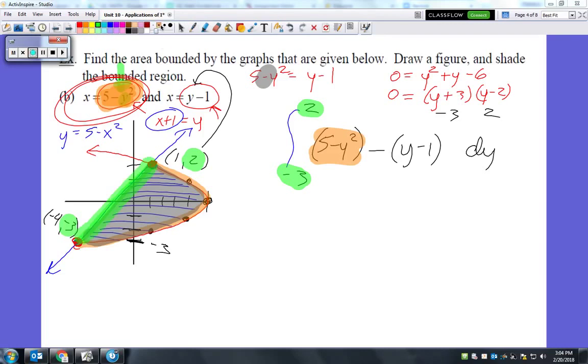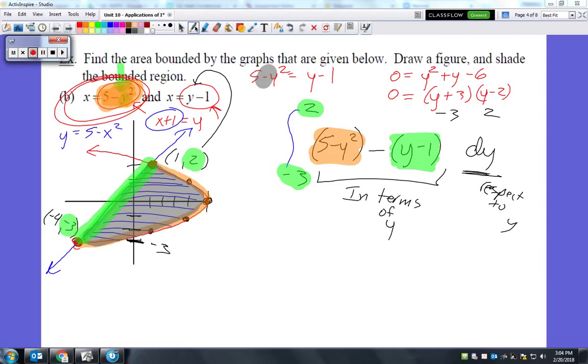Notice that it's in respect to y. So the functions that you write in the integrand need to be what? In terms of y. And what does that mean again? That means we solved for x, which was already conveniently solved for us.